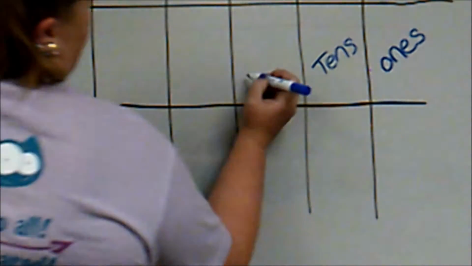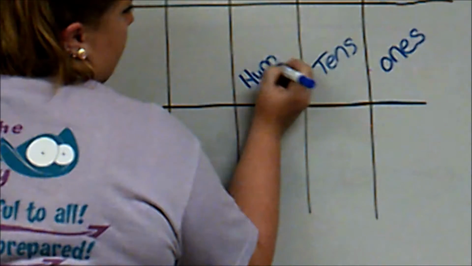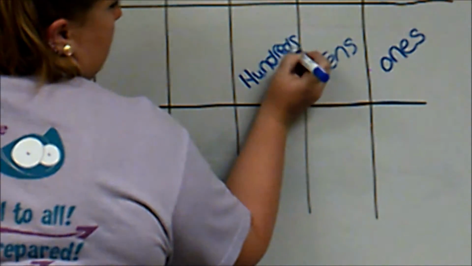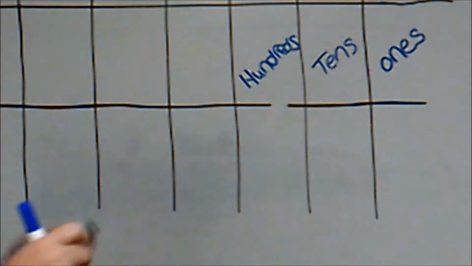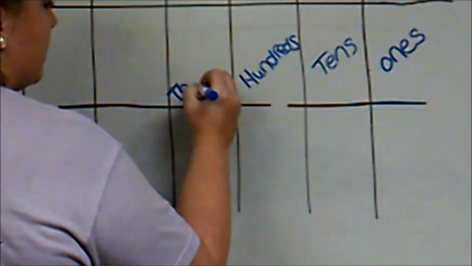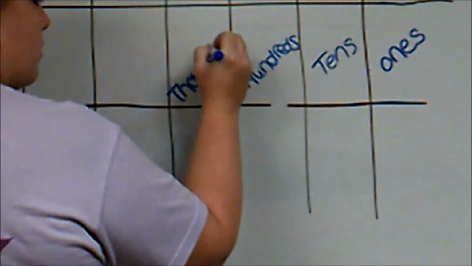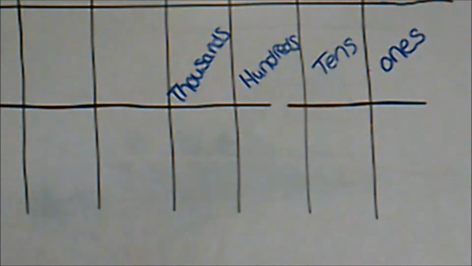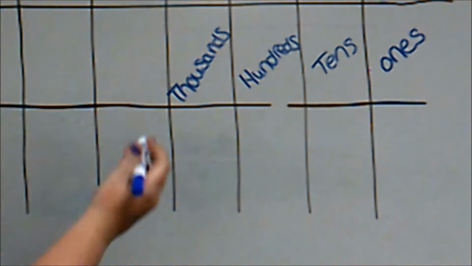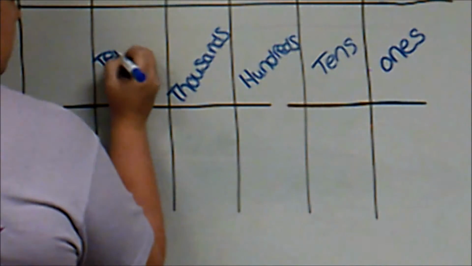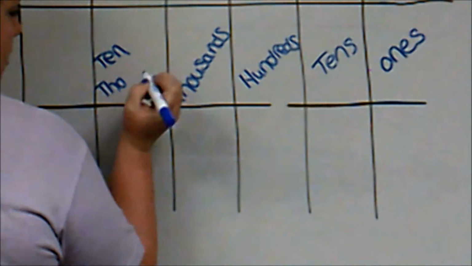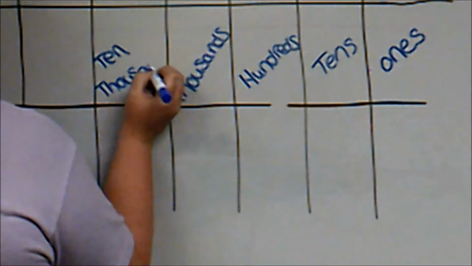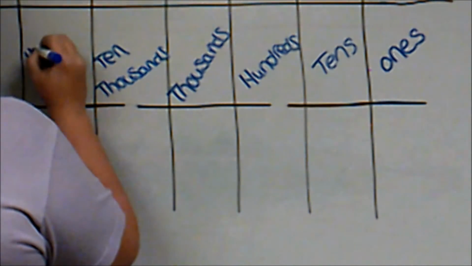7 is obviously in my hundreds place. My 9 is in my thousands place. Putting my 2 in my 10,000s place. Followed by my 100,000.